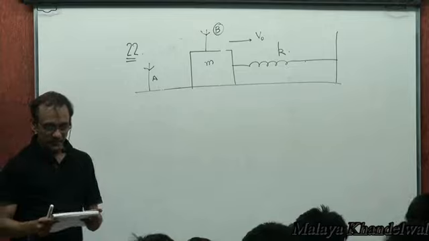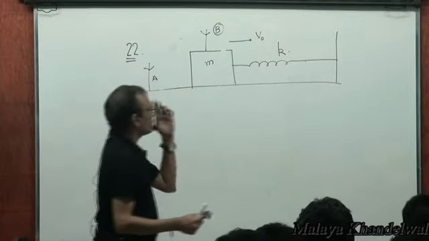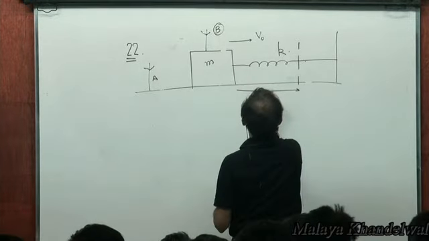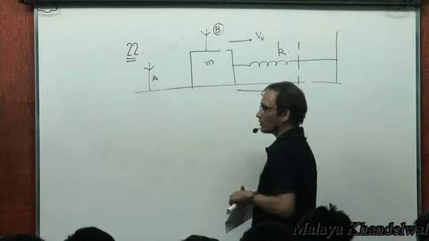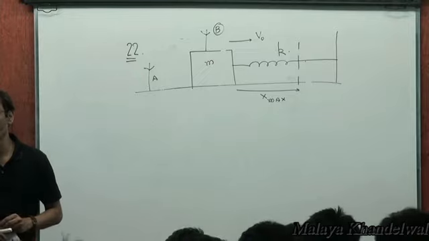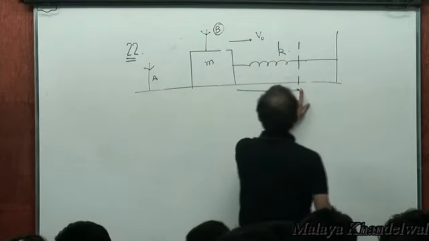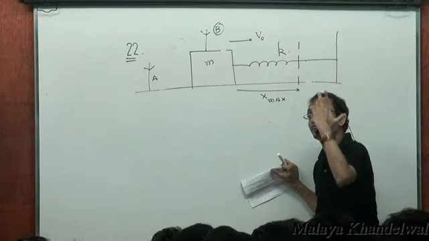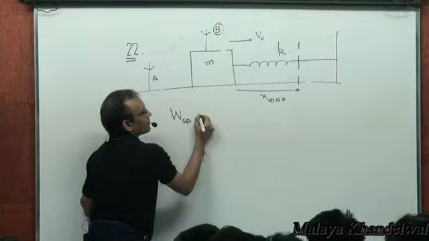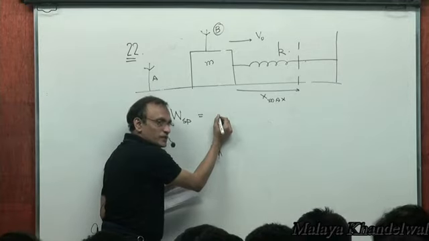Now, to an observer A, while the spring gets compressed by a maximum amount, the mass moves by a maximum amount, the change in kinetic energy brought about must be at the behest of the work done by the spring force, right? Work done by the spring force must be change in kinetic energy.